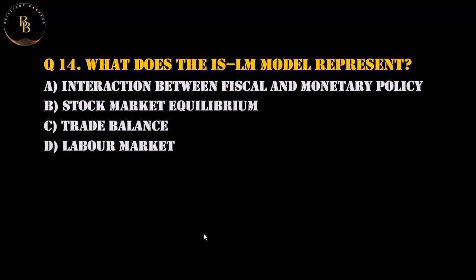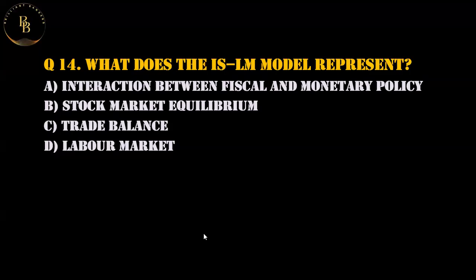Coming to question number 14. What does the IS-LM model represent? The IS-LM model represents the IS curve and the LM curve. Is it the interaction between fiscal and monetary policy, the stock market equilibrium, the trade balance, or the labor market?